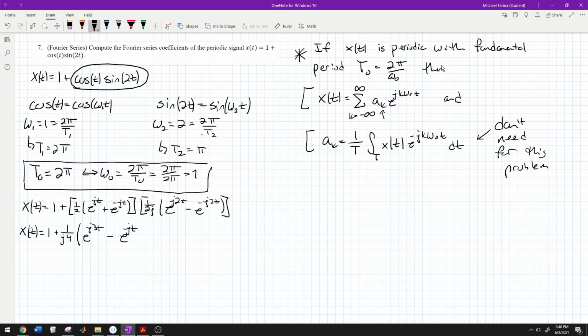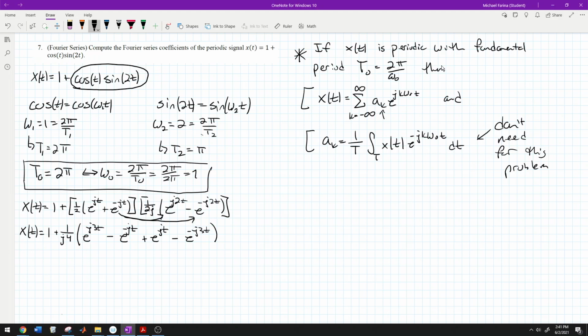Negative 2 plus 1, yep. And then plus negative jt times e to the j2t, so that's going to be e to the jt, and then we multiply this one to here, so we have another minus sign, and we get e to the negative j3t.